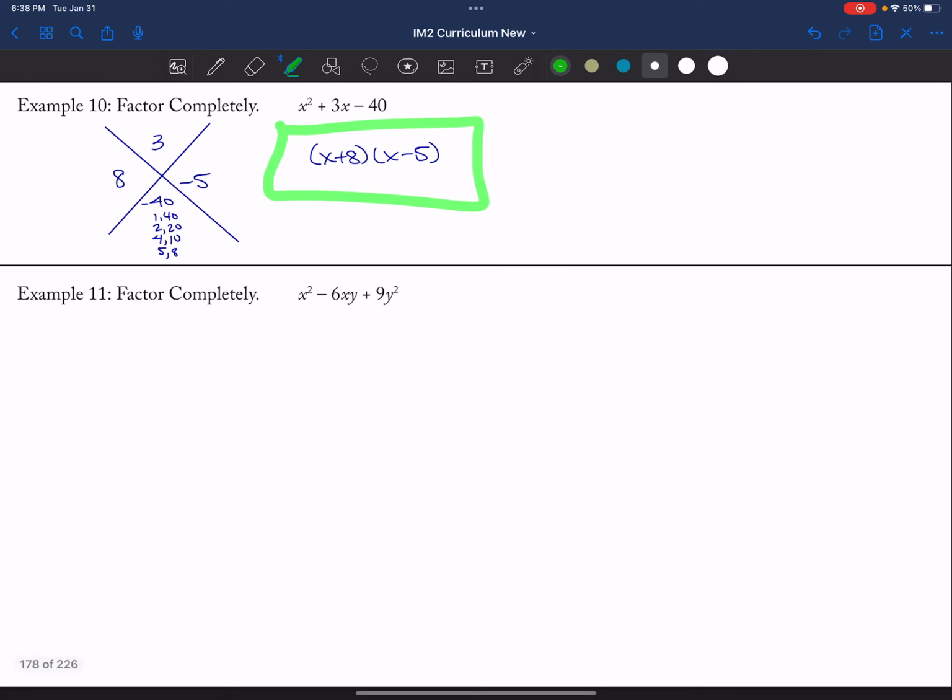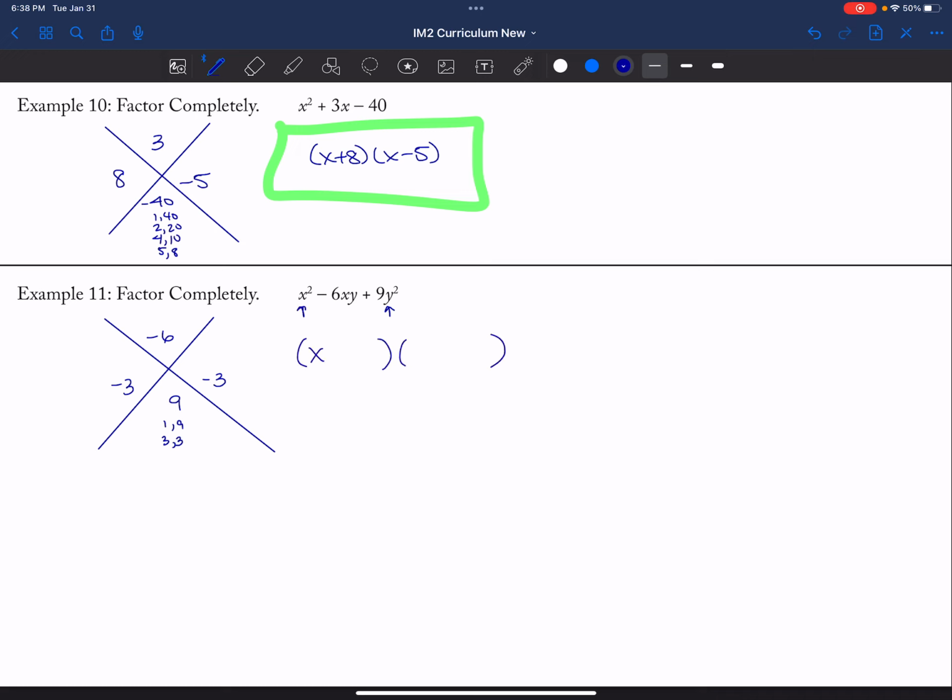So now, again, when I write my x here, I have a negative 6 on the top and a 9 on the bottom. So 1 and 9, 3 and 3. So a negative 3 and a negative 3. But because I have a y squared here, right? What I was doing with x squared is I was just putting the x here, right?